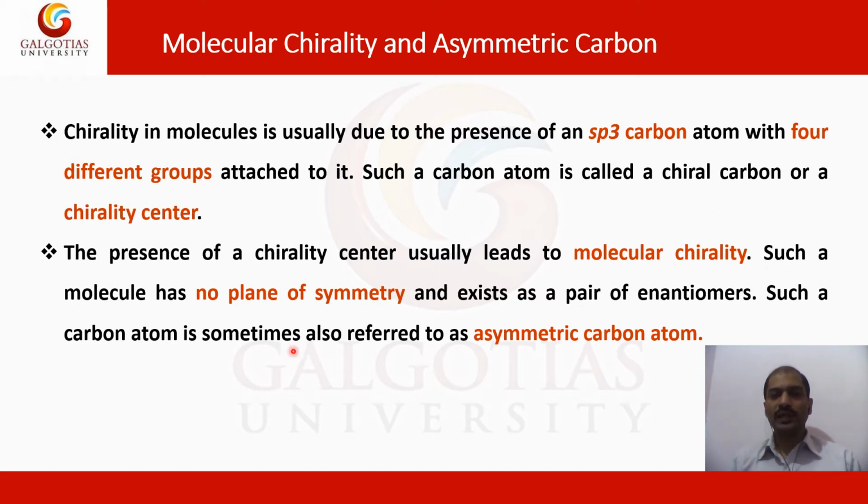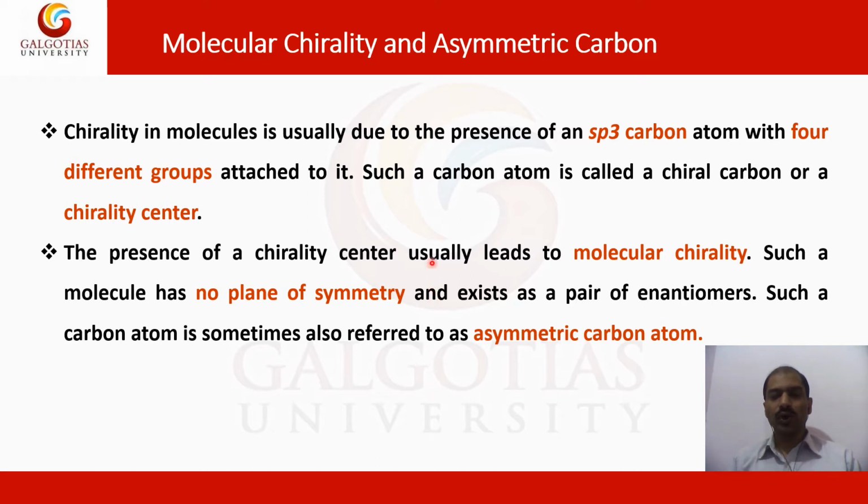Such a molecule has no plane of symmetry, because you will not find any plane of symmetry, and exists as a pair of enantiomers. Enantiomers means mirror images of each other. Such a carbon atom is sometimes also referred to as an asymmetric carbon atom.